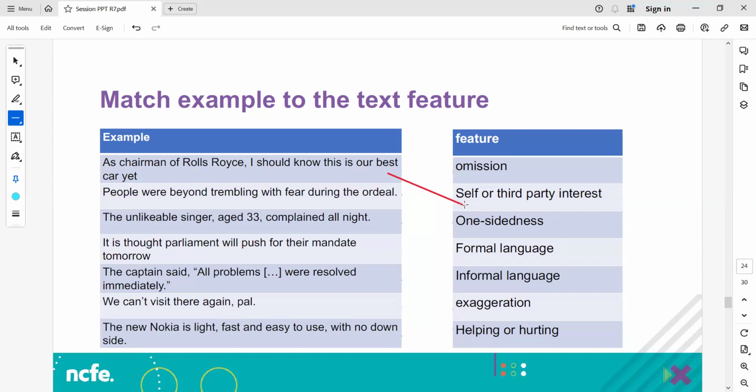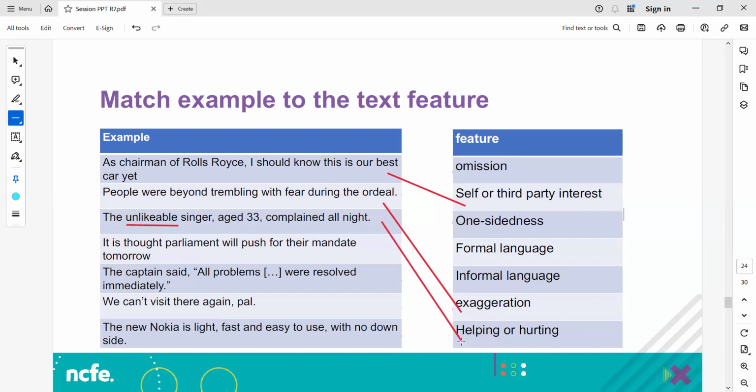It's exaggeration, good, for effect, to tell us how fearful they were. The unlikable singer, aged 33, complained all night. So we've got that word unlikable there. So this one is hurting.